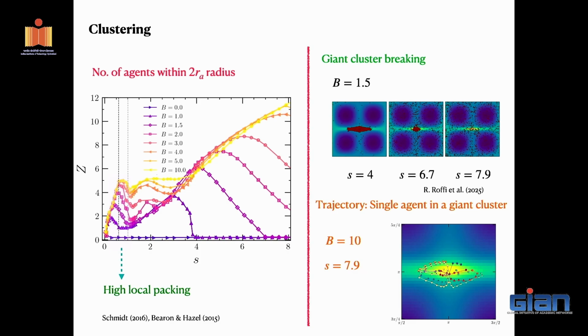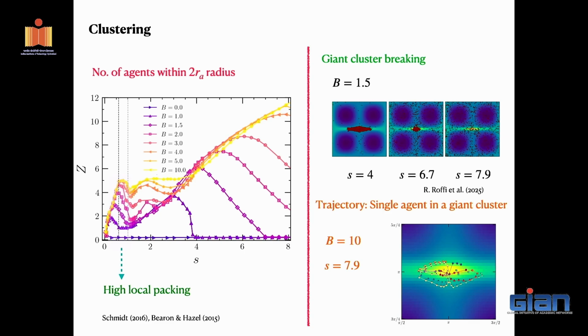For the largest B that we have, it peaks around 5. That's a large number, right? And then it decreases again as S increases. But this range is coincident with where we were seeing that phenomenon. For these values of B, there is a second peak, and then further decay.